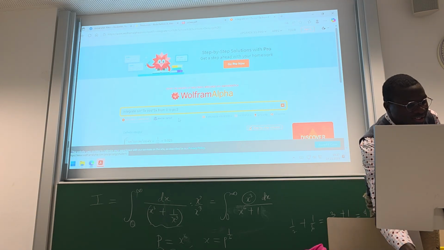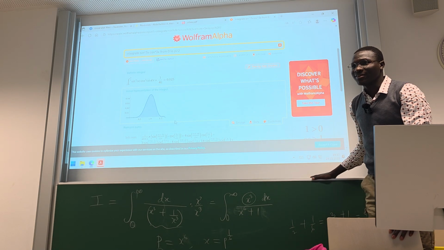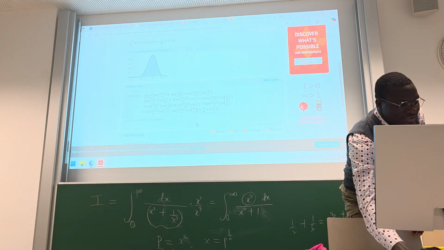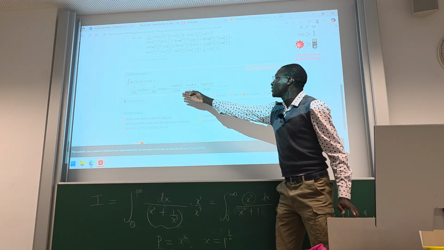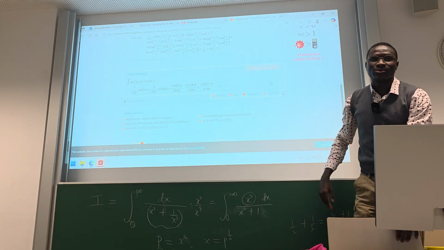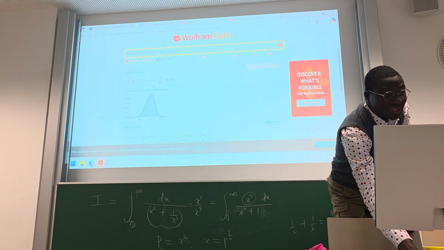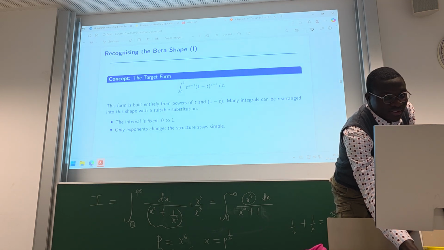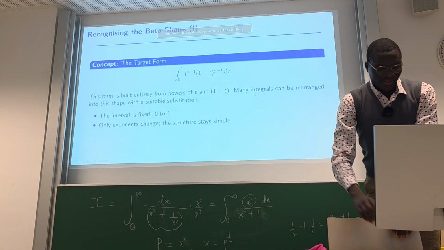Oh no, the keyboard is messing with me again. Okay, 1 over 40. So we are correct again. Good. And you can see what the indefinite integral is. But to get there, you would have to do a lot of work. I didn't do a lot of work and I just got the value of the integral. So that's the point. Okay, so back to the talk.